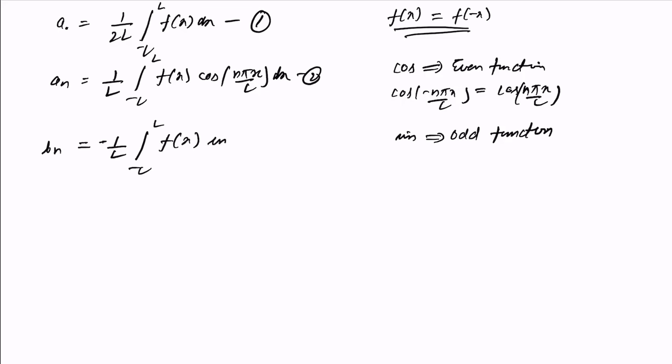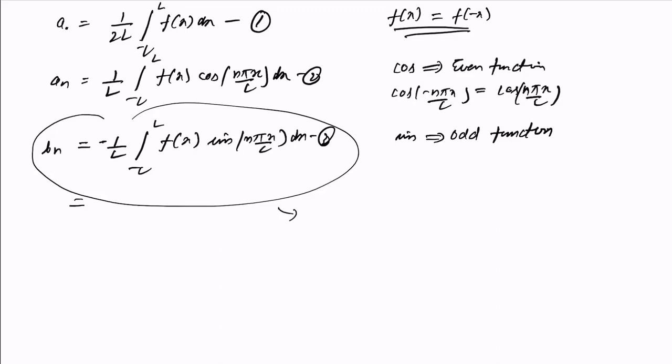Now since it's an odd function, if we integrate it, this integral will vanish. Therefore all the b_n coefficients will be 0.